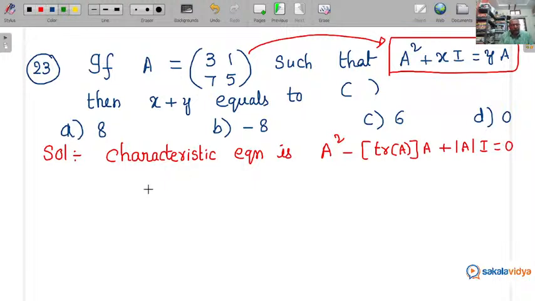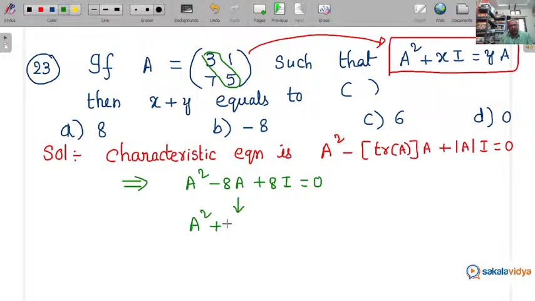So now the characteristic equation will get a square, trace of a 5 plus 3 is 8, minus 8a plus determinant of this matrix 15 minus 7, 8i equals to 0. Now bring ya this side. So comparing with a square plus minus ya plus xi equals to 0. On comparison, x is equal to 8 and y is equal to minus 8.